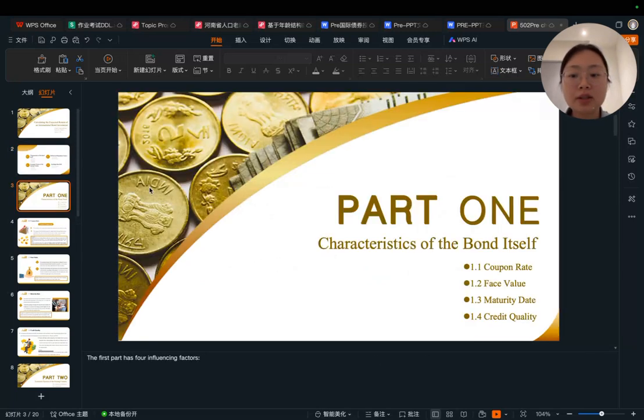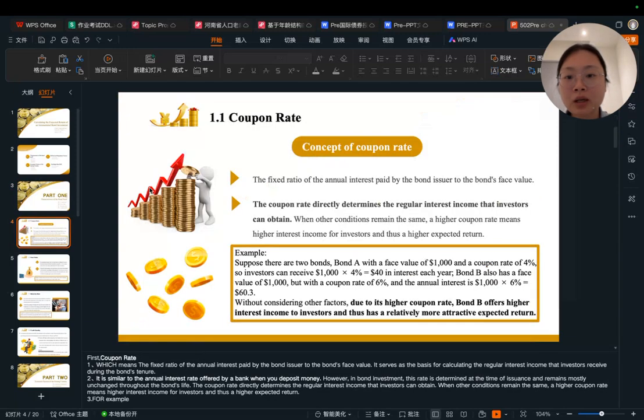The first part has four influencing factors: coupon rate, face value, maturity date, and credit quality. The first, coupon rate, which means the fixed ratio of the annual interest paid by the bond issuer to the bond's face value.